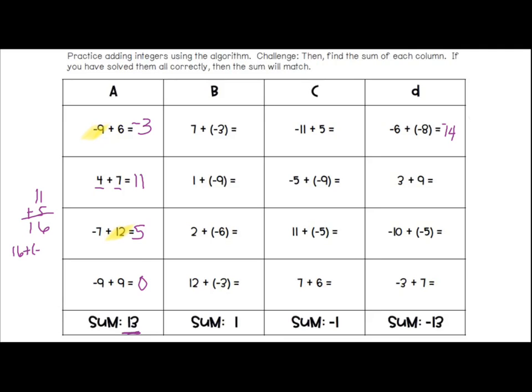Negative 3. Well, 16 has a greater absolute value, so I know it's going to be positive. And 16 minus 3 is 13. So that matches exactly what I should have gotten. I want you to check the rest of the columns. See how you do. Check your work. Did you get the same thing that I got? If not, go back and fix them.